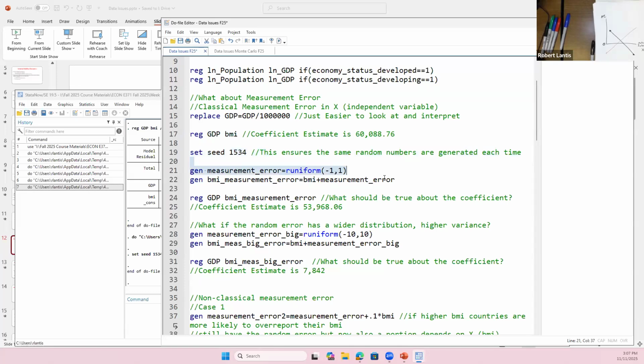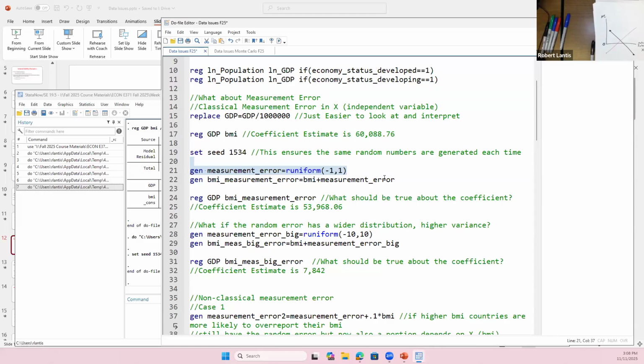So I'm going to generate some measurement error in my BMI. I'm going to use a uniform distribution, and I want that measurement error to be a random number somewhere between 1 and -1. So it's just going to generate different random measurement error for every single observation of my data set. So creating this new measurement error variable just randomly from this uniform distribution.